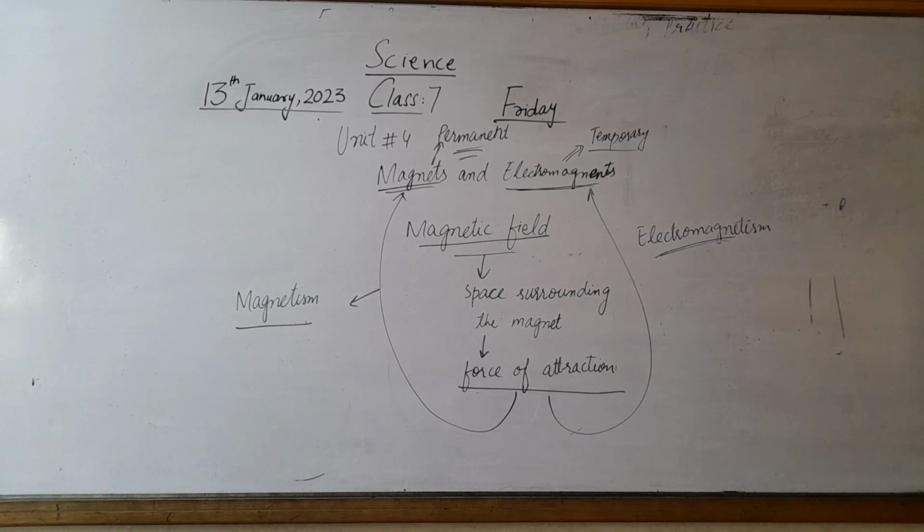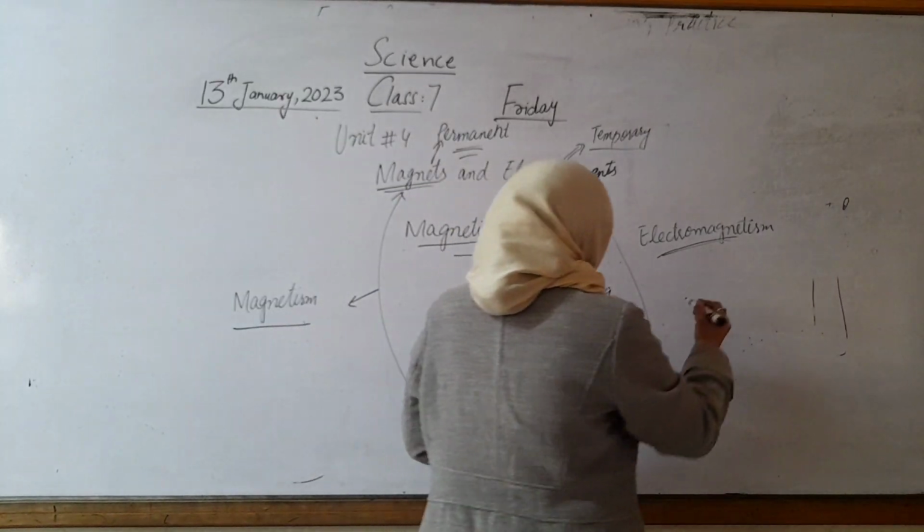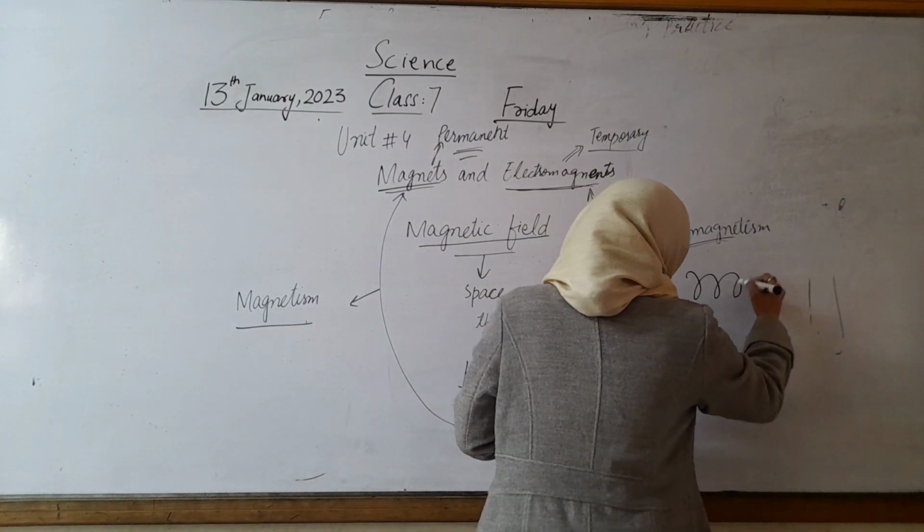Yes, an electromagnet is a type of magnet in which the magnetic field is produced by an electric current. Electromagnets usually consist of wire wound into a coil that I had drawn on the board at first in the form of coil.